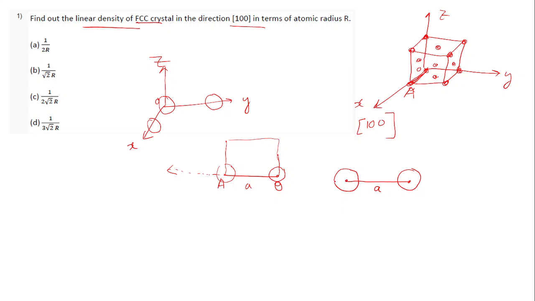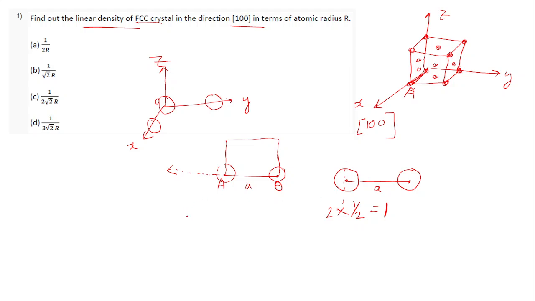Because if this line crossed an atom completely, then it would contribute completely to the line. Here it only starts from the center, so it's only taking half of it. Every atom has half contribution. That means we have a total of one atom here.